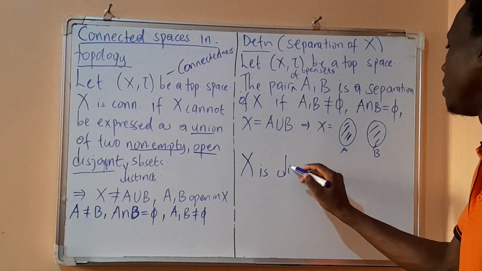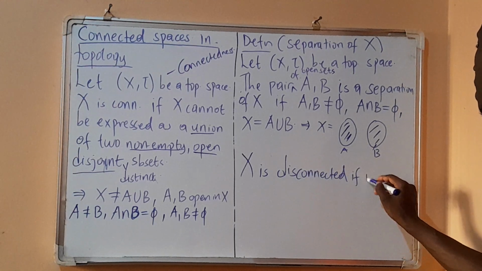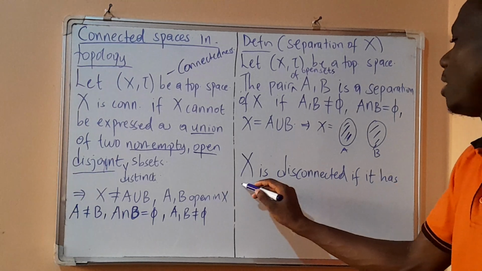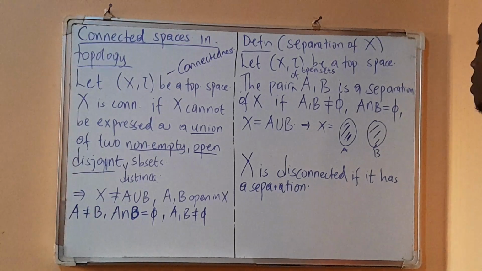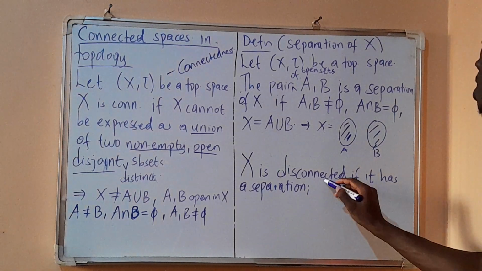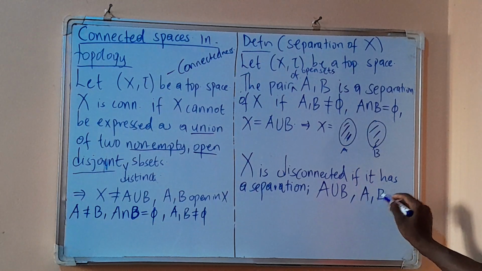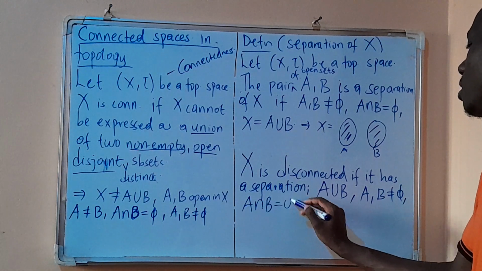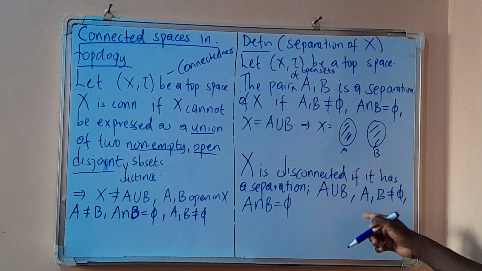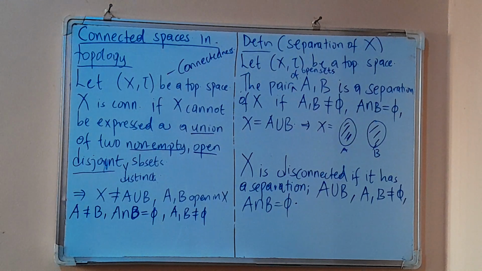X is disconnected if it has a separation A union B, where A and B are non-empty, disjoint sets. So that is the definition of disconnectedness.